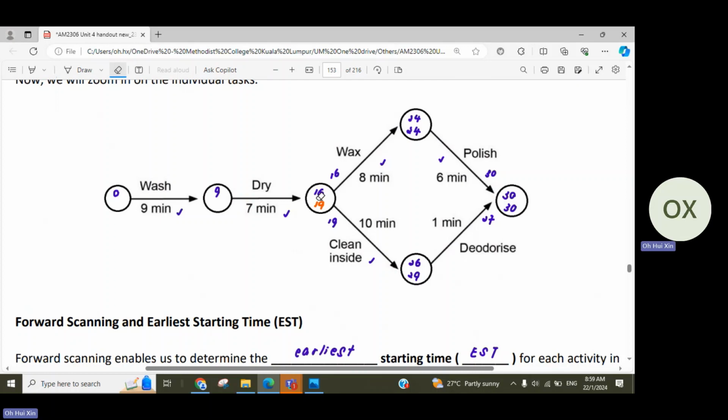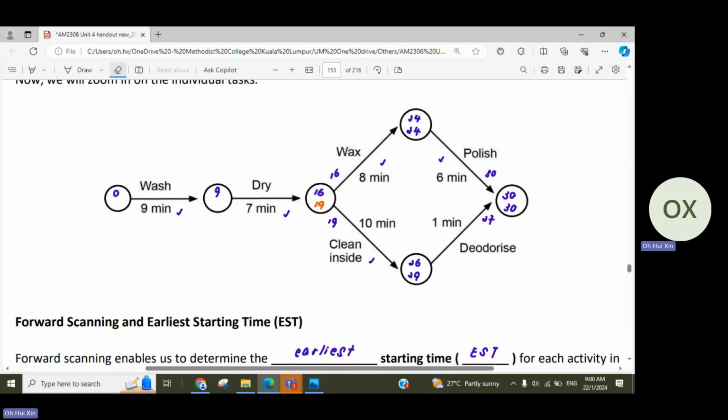But you realize that this node is meant for these two, so if you start the activity as late as 19, by the time you finish waxing it's already 27. And if you need another 6 minutes to finish polishing, it's already 33, which means you are not achieving your minimum completion time anymore.